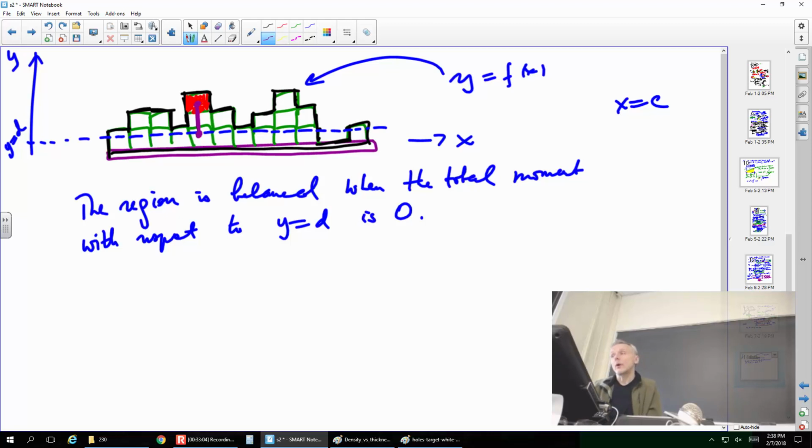Okay, so how does it work out? Let's try to figure out what this is. Let me write out that statement in the form of a formula. So it will be the sum of mi times (yi minus d) equal to 0.